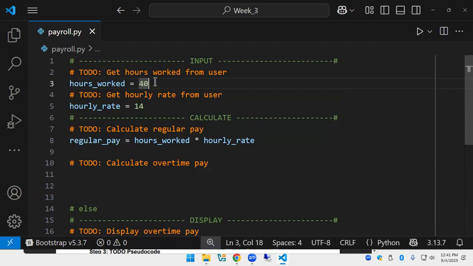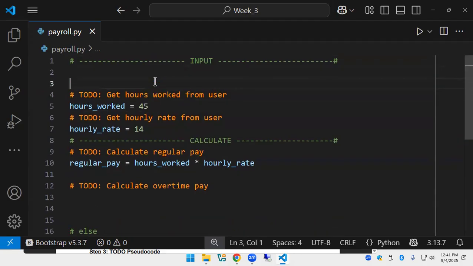Say the boss says, I have all these extra barges and things for you to lift and tow bales to, so he worked 45 hours. Well, regular pay times the excess hours. And in the United States, time and a half is very common for overtime. So I'm going to make a little constant here. Remember, we've been working with constants.